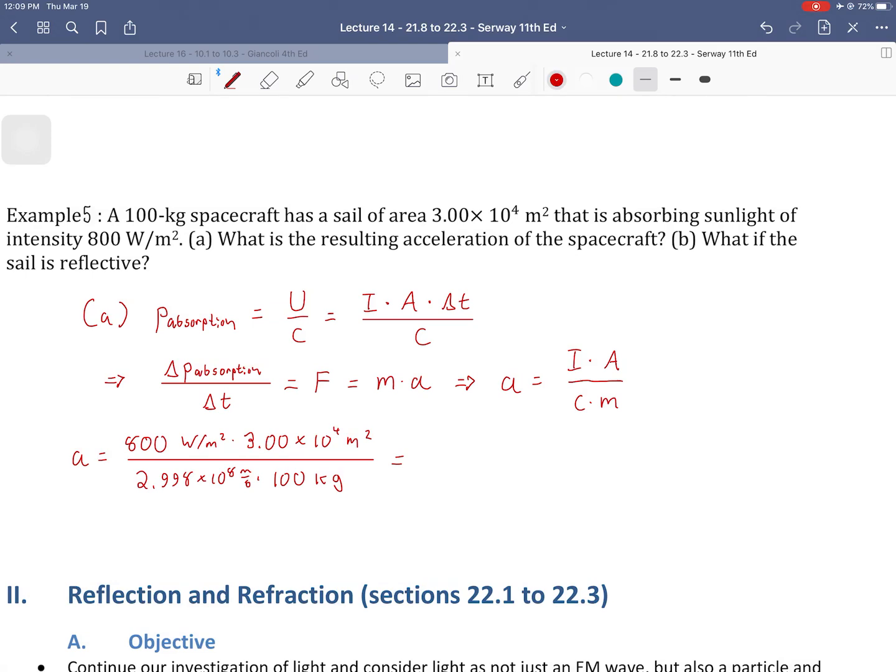Okay, so we end up with 8.00 times 10 to the negative 4 meters per second squared. Get my sig figs right.